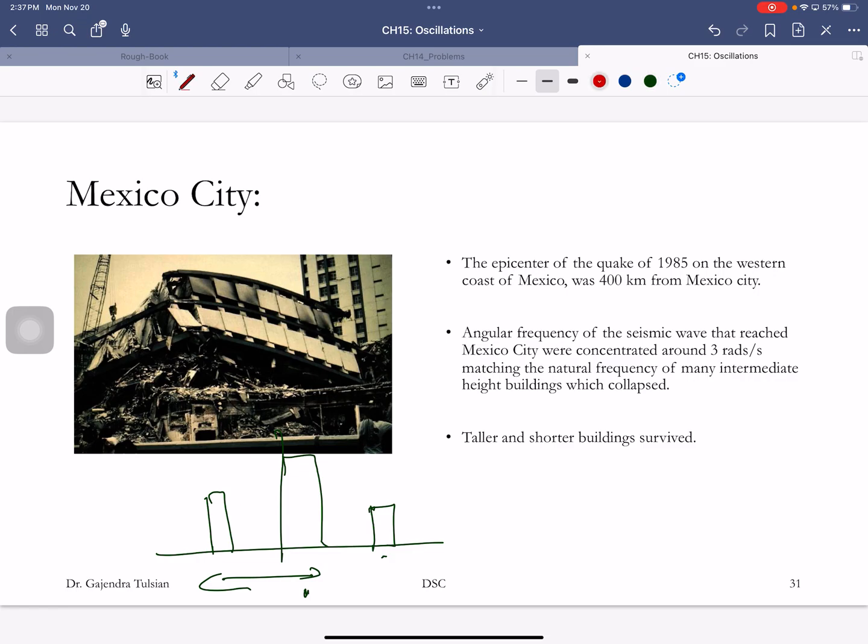So the angular frequency of the seismic waves that reached Mexico City was concentrated about 3 radians a second, meaning the ground was oscillating once in 2 seconds, matching the natural frequency of many intermediate height buildings. So this guy collapsed and these guys survived.